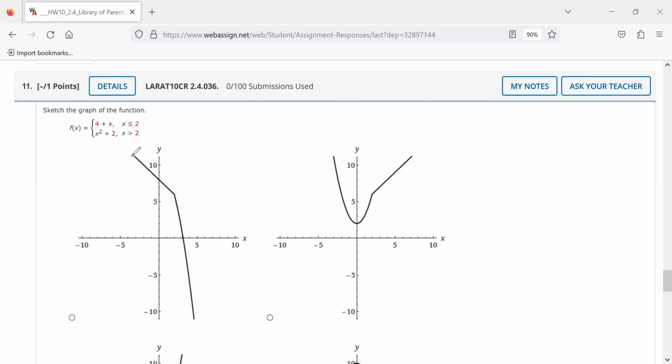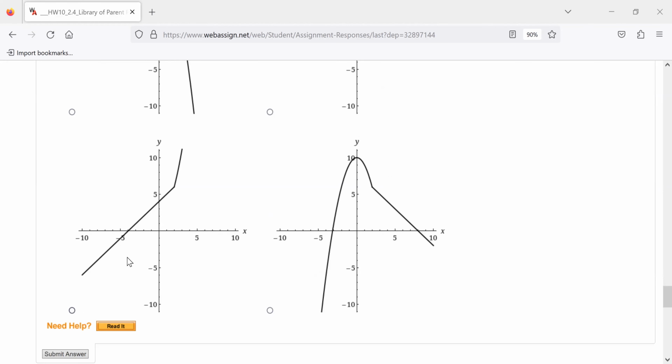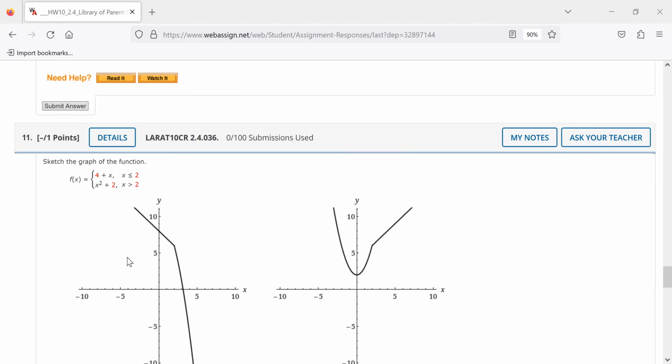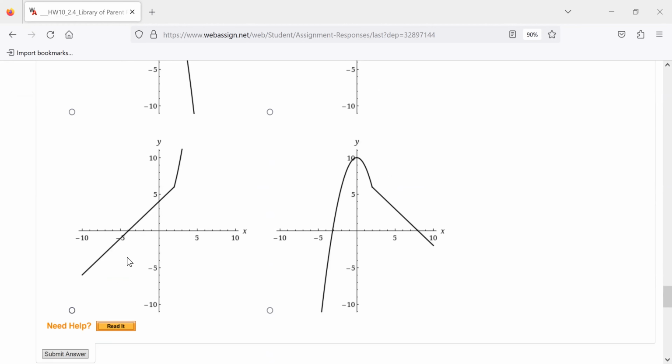Now look at this line. Is this x plus 4? No, it has a negative slope, right? This is negative x plus 4, probably. All right. So it looks like it has to be which one?